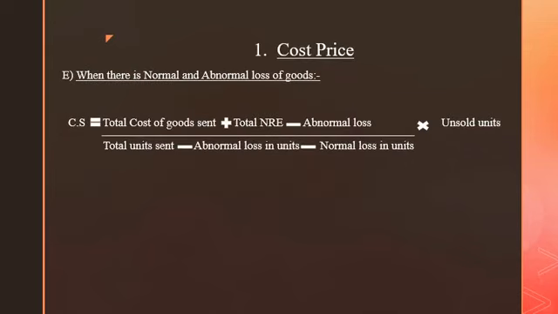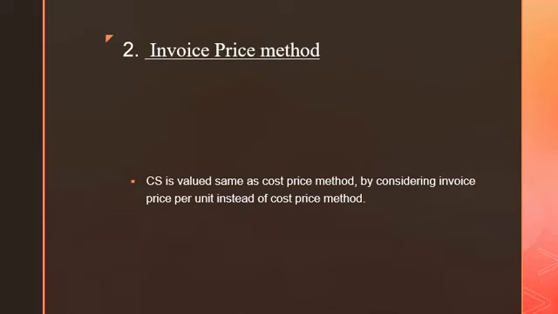This is what I told you in case of invoice price. In the invoice price method, the cost of the consignment stock is valued the same as the cost price method by considering invoice price per unit instead of cost price per unit. There's a small mistake here.